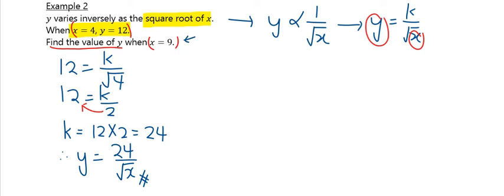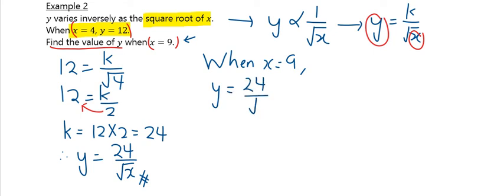But then you have to answer the question, which is to find the value of y when x equals 9. You write down your general equation, and you know x already, so the one that you're going to change is x. Your x will become 9.